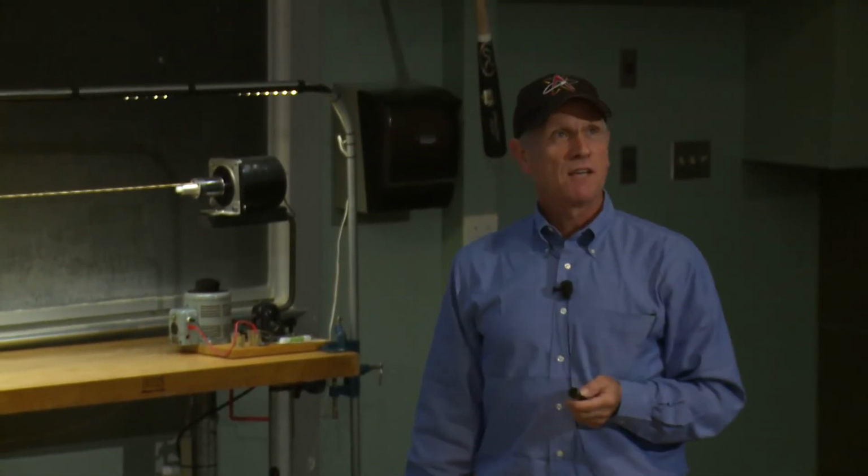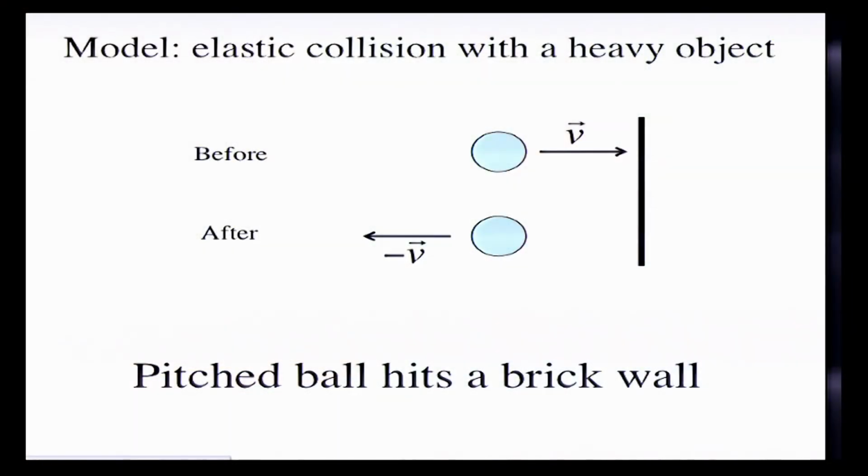So let's go to hitting. Okay, so this is a simple picture of what happens in hitting, and it's fairly accurate to start with. What we're going to do is go into a special frame of reference, which we call the brick wall frame, okay? And so it's actually the frame of the ball hitting the bat.